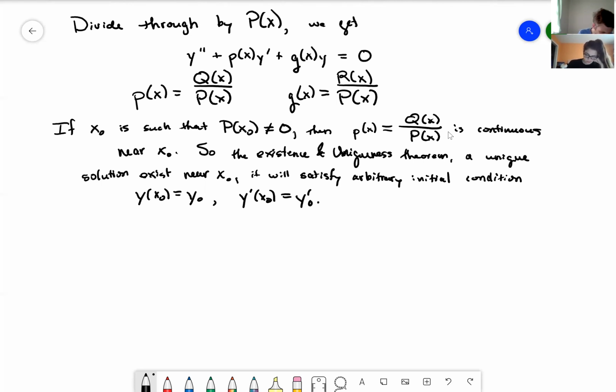Now, if we're near a singular point, if our initial conditions are at a singular point, we're going to need different methods. So we're going to deal with that later. For now, we're just going to do ordinary.